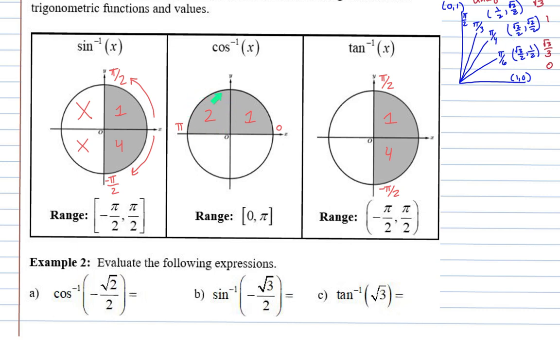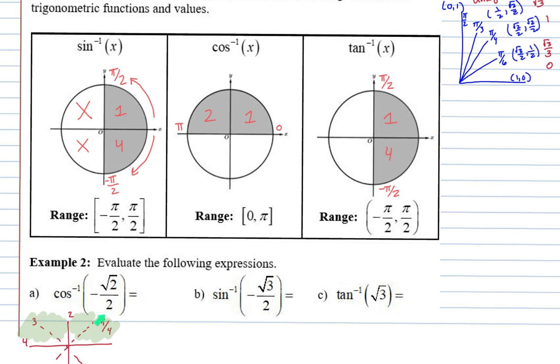It's on this side, so that means visually, so you can see it, we're going to have a fourth, right? This is pi over 4. This is 2, 3, 4. We know our answers can only be in the first quadrant or in the second quadrant for inverse cosine.